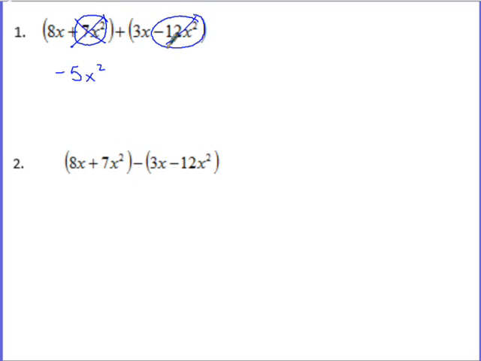Alright, now I've used both of those terms, and this is a pretty short one, but you can see we're going to do some problems where there get to be a lot more terms, so I recommend crossing them out as you go. Alright, and then our last 2 like terms here, we have 8x plus 3x. 8 plus 3 is 11, so this gives me 11x.